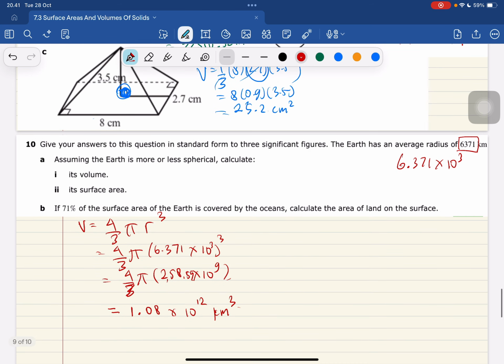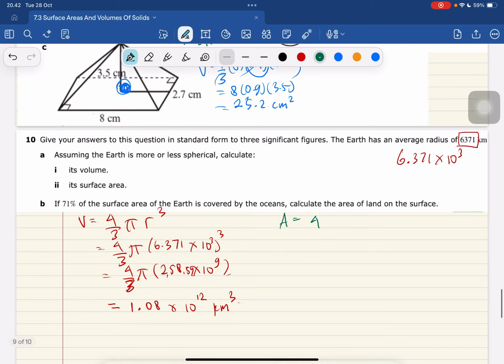So next, let us find the surface area. So the surface area of the sphere, how can we find it? The area is going to be 4, we don't divide it by 3, pi, and then r squared.